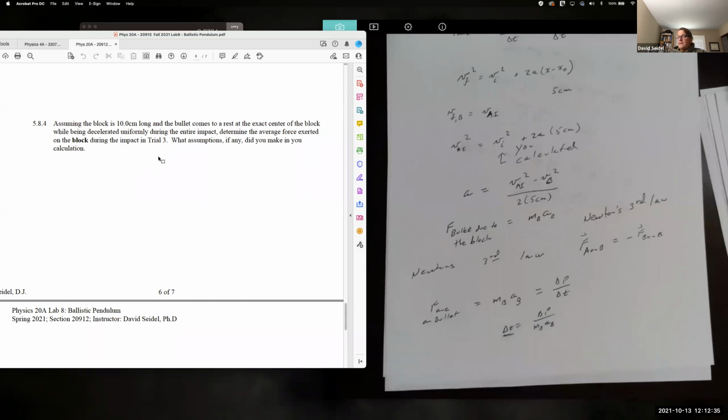If I take that number, then I can get an estimate to how far the block actually moved. But first I assume the block doesn't move, so it's only 5 centimeters. Now I can use that delta T and the force on the block and the mass on the block to determine how far the block actually did move during impact.